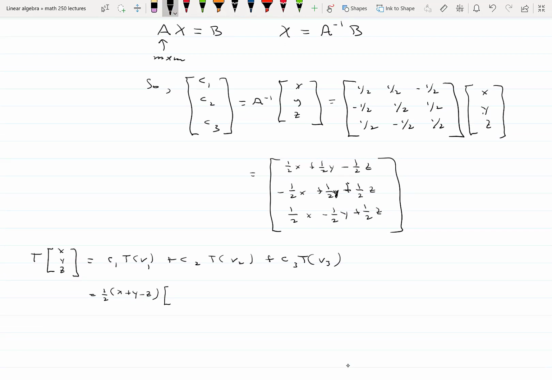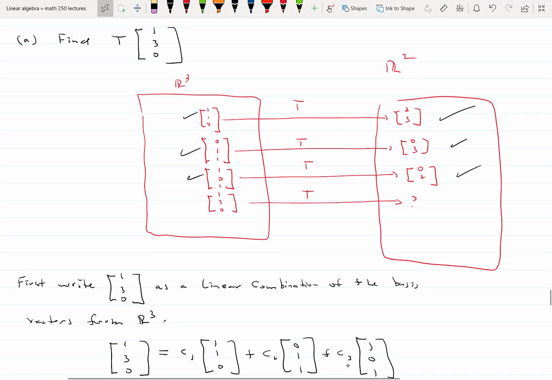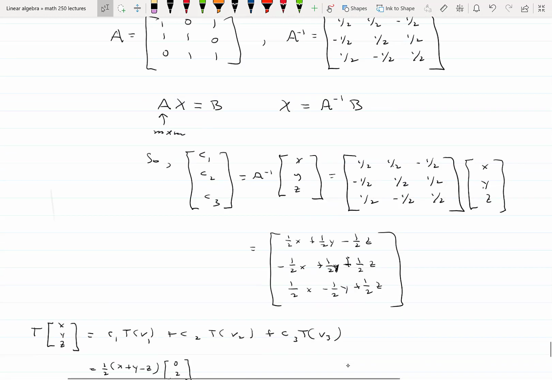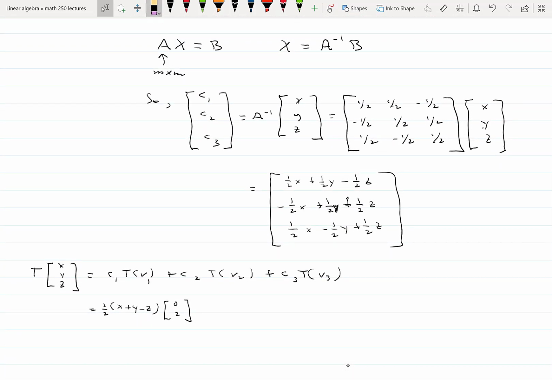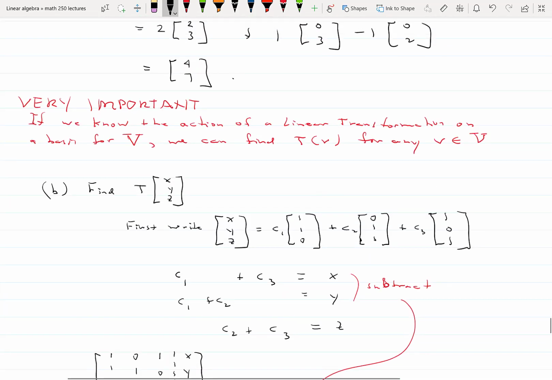So T of v1 was... I just looked at them and I forgot already. 2, 3, 0, 3, 0, 2. Sorry about that. So it's 2, 3, plus C2, which is, factor out the 1/2, times negative x plus y plus z, times 0, 3.